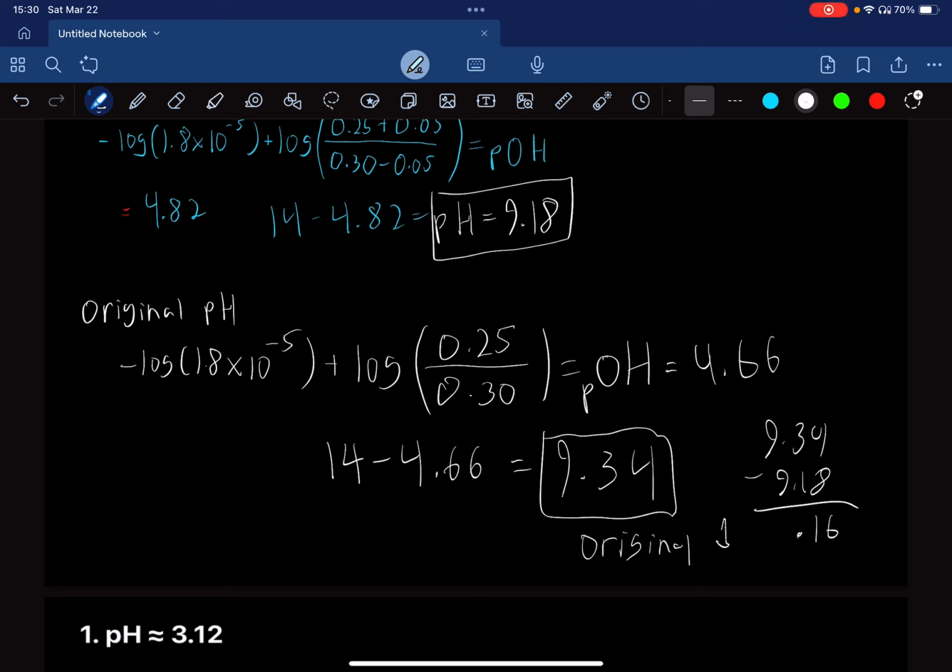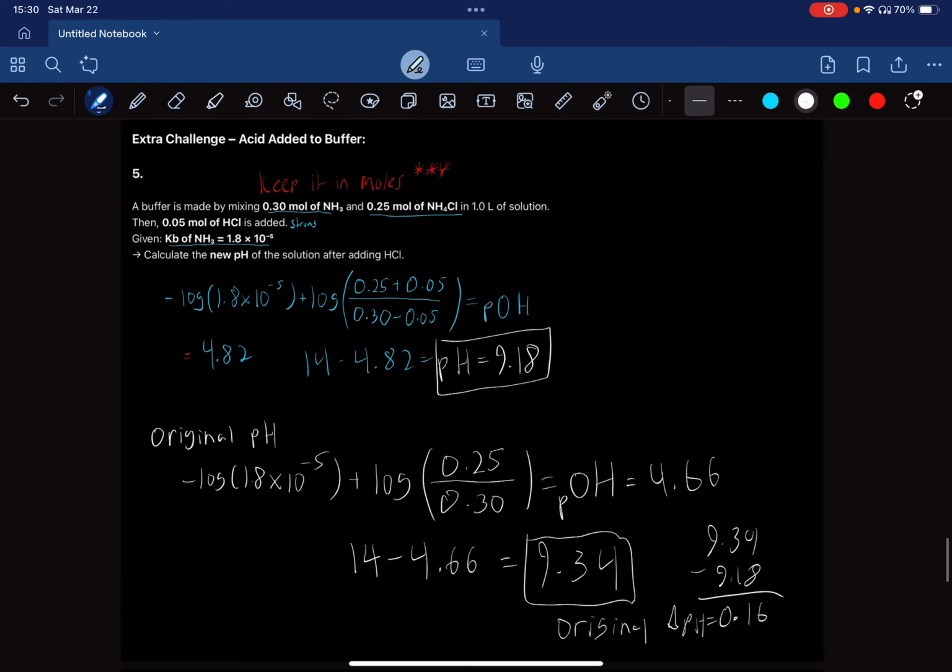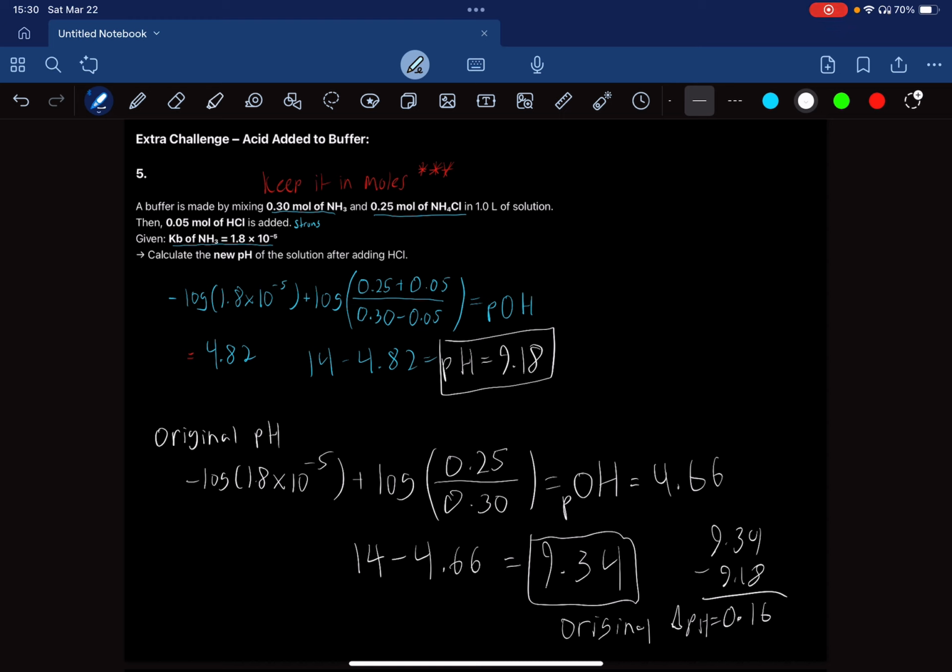So our change of pH is equal to 0.16. And this is how you calculate the pH and pOHs of buffer solutions, as well as how to calculate the new pH when a strong acid is introduced to a buffer. Thank you so much, and I hope you were able to learn buffers and pH.